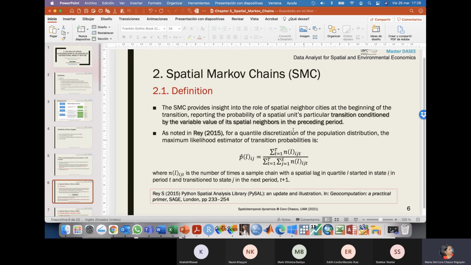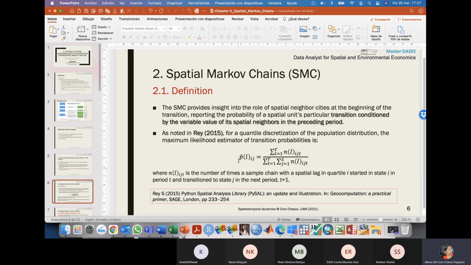So now what we count is the number of cities or spatial units that depart from state i, for instance the first quintile, to state j, for instance the second quintile, from t to t+1, and divided by the total of the row, and we will get this p hat, that is the estimator.